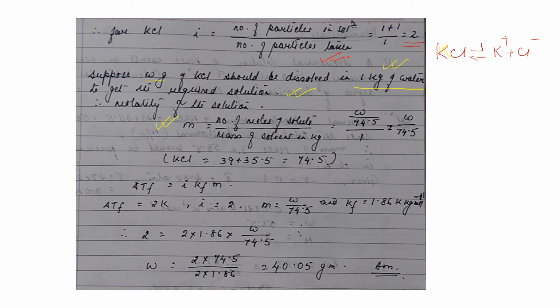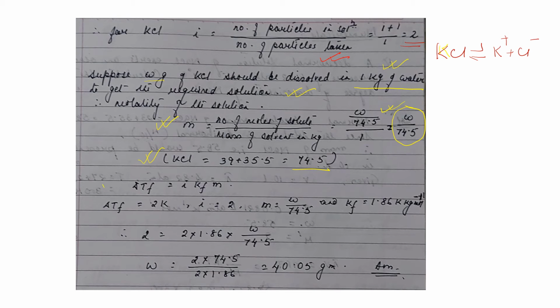So number of moles of solute is W by 74.5. Now from where has this 74.5 come? The molecular mass of KCl is 74.5, divided by 1 because mass of the solvent in kg is 1. So molality we are getting is W by 74.5.